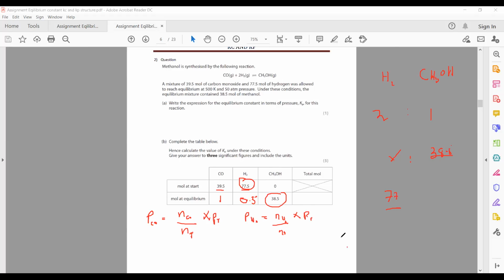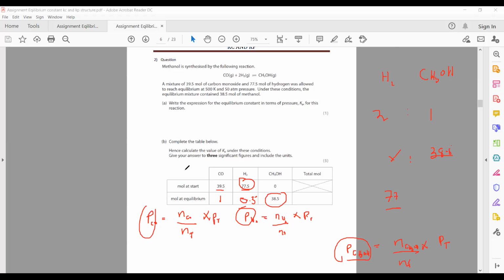And the partial pressure of methanol, which is also in vapor state, is the number of moles of methanol at equilibrium divided by the total number of moles multiplied by the total pressure. You get the partial pressure of each and then substitute in the expression for Kp to get the value for Kp.